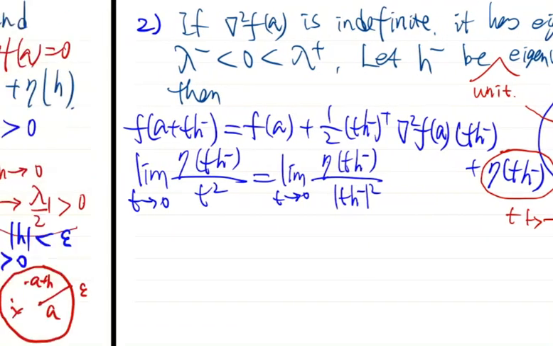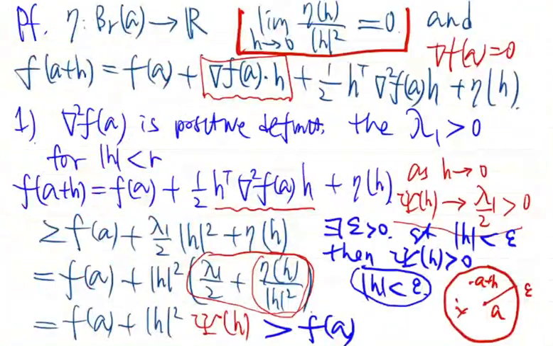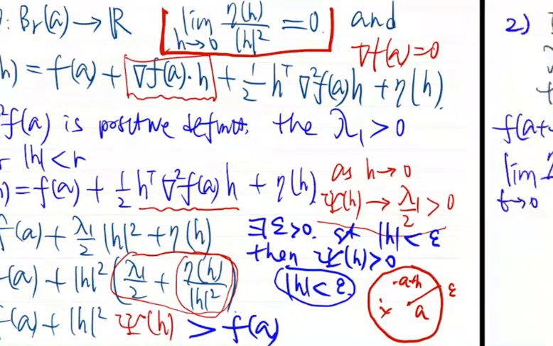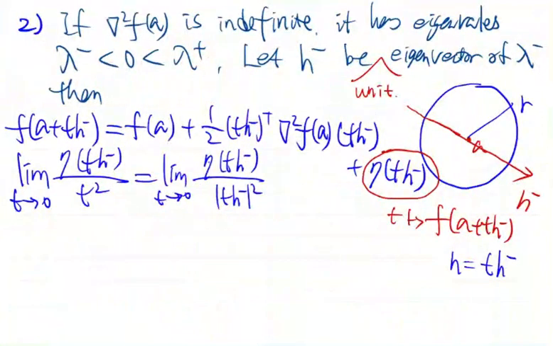Now our eta satisfies the first line, the red underlined limit is 0. Of course, this implies that for the fixed h minus, when t goes to 0, this limit is also 0. This is important.